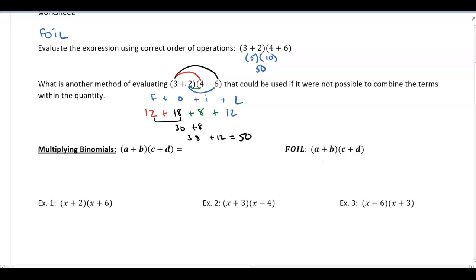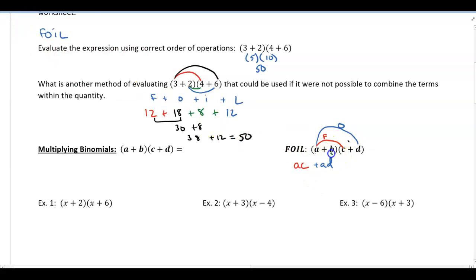So again, when we talk about the first terms, we're talking about the first terms in each binomial. These are my first terms. So A times C would be AC. Then my outer terms, the two on the outside, that would be A and D, so multiply those, AD.